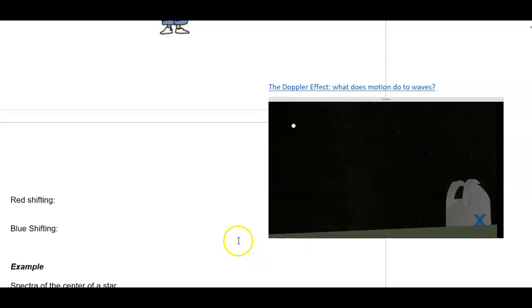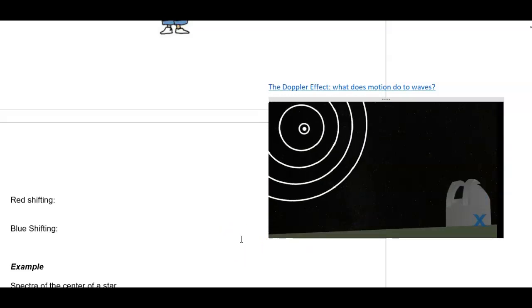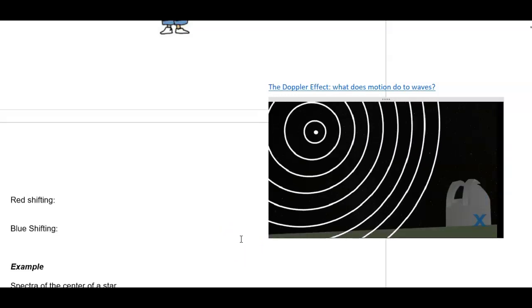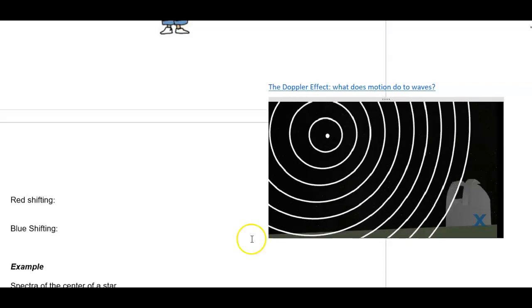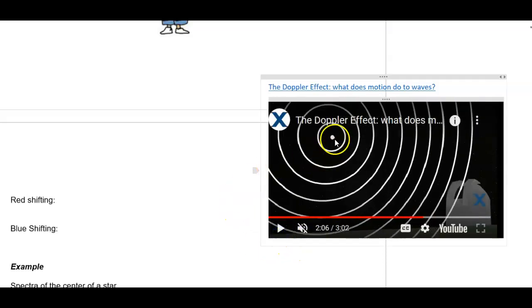Now, we see the exact same thing happen with objects in space and with light. Now, remember, blue waves are shorter than red waves.